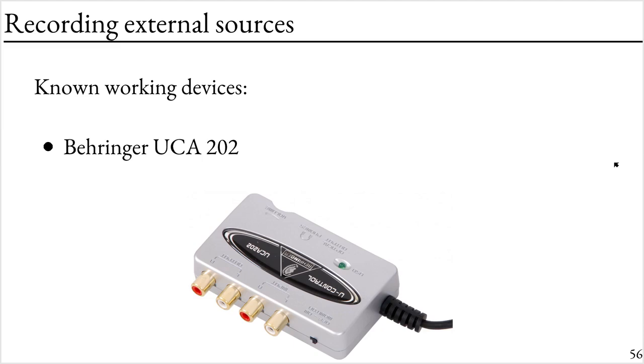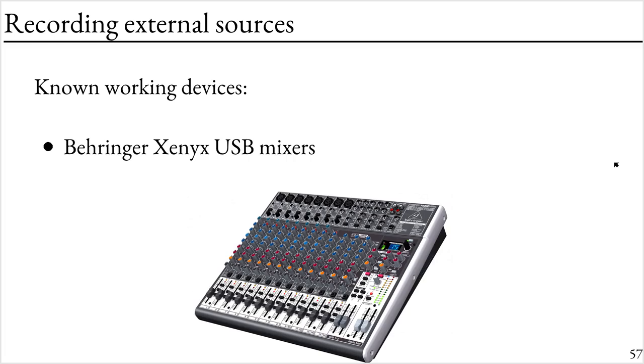Right now, anything that is using a generic USB audio kind of interface is usually known to work. So for Behringer, for instance, there is a bunch of very simple cards that are known to work quite well.